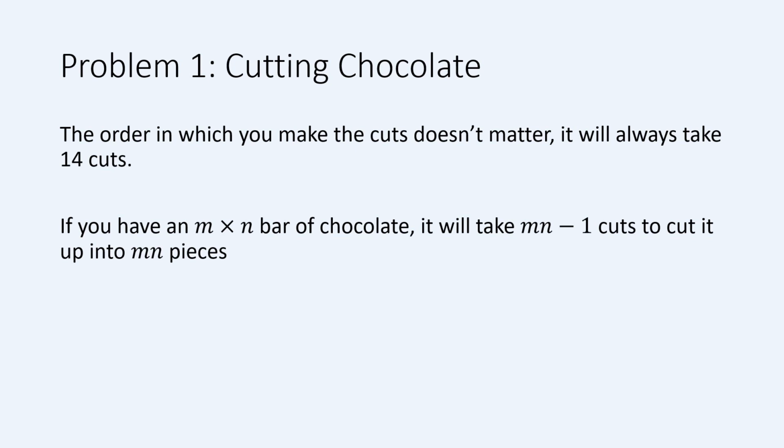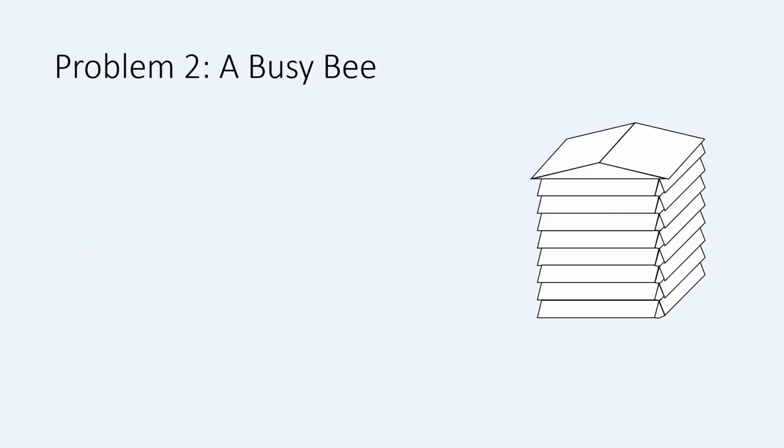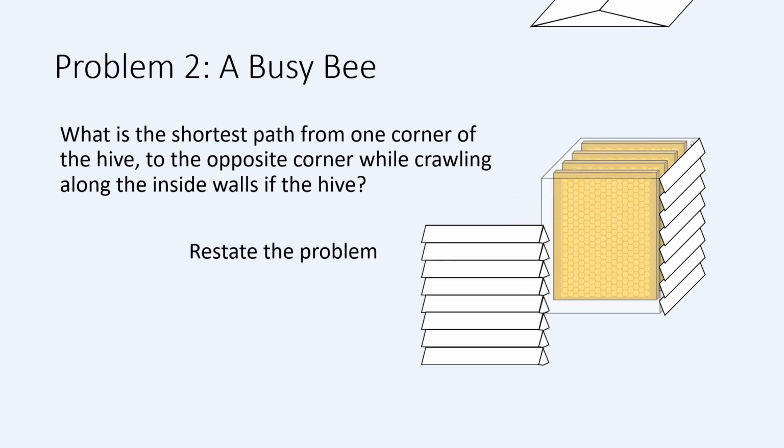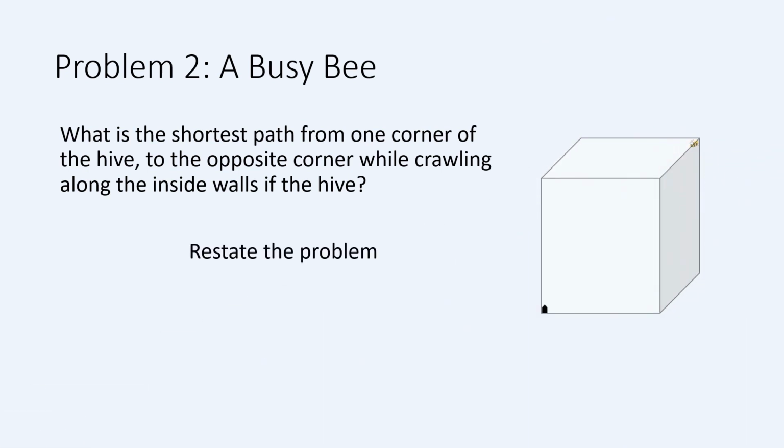Problem 2. A busy bee. The second problem was about finding the shortest path from one corner of a beehive to the opposite corner whilst crawling along the inside walls of the hive. The first thing we want to do is restate the problem, not drastically, but just to get rid of the unnecessary information.